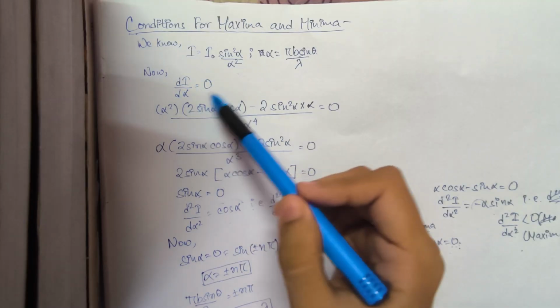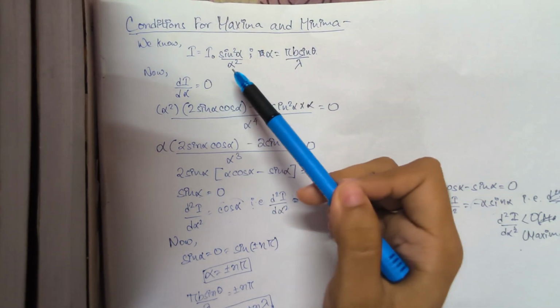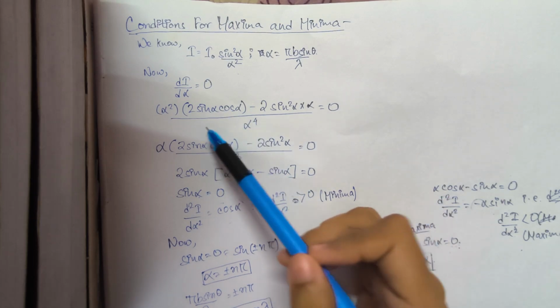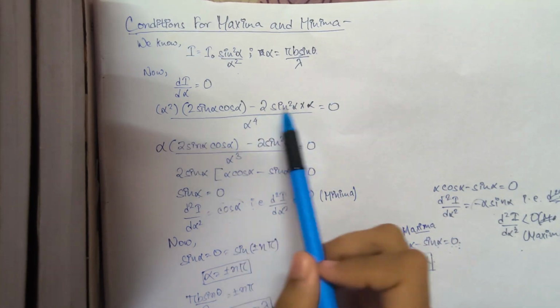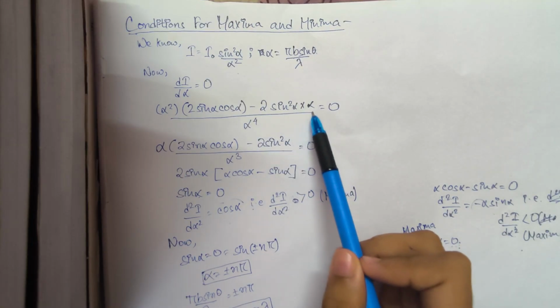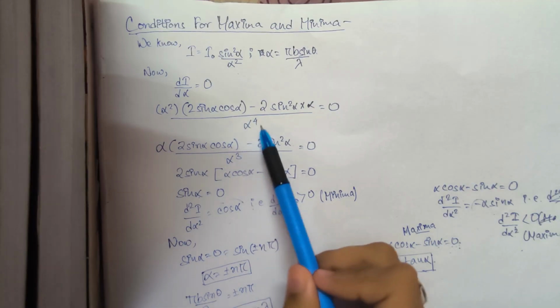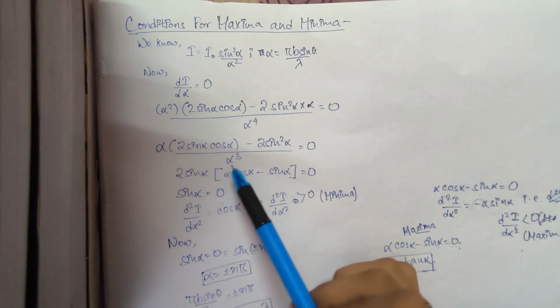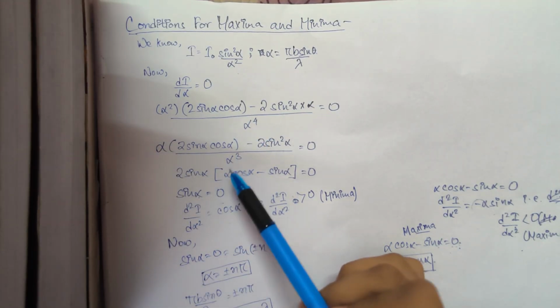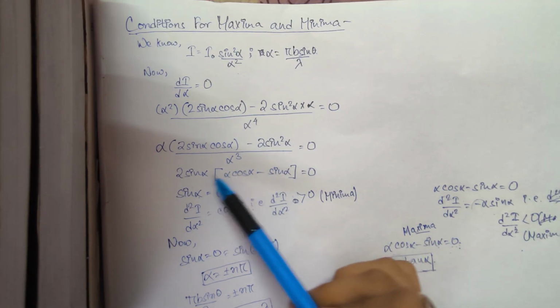So this is the first condition for a function to know whether it is a maxima or a minima. We have differentiated by using the u by v rule. After that, I have taken alpha common, and that was alpha raised to the power 4, and after cancelling, the denominator becomes alpha cube.